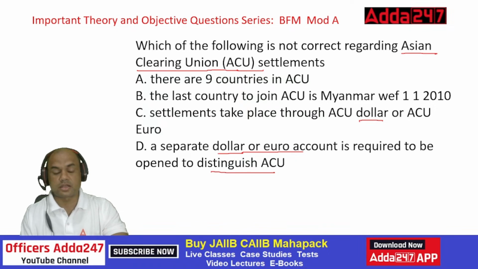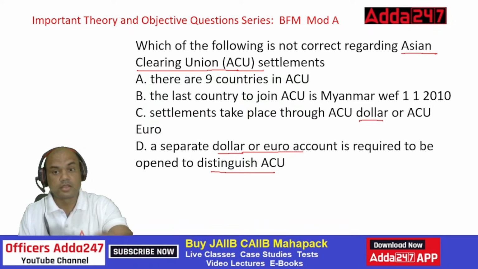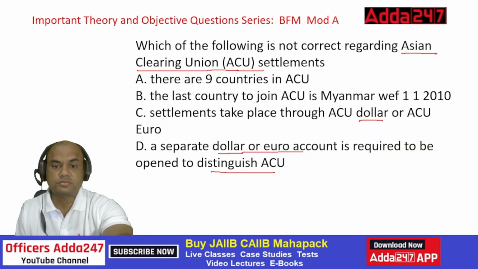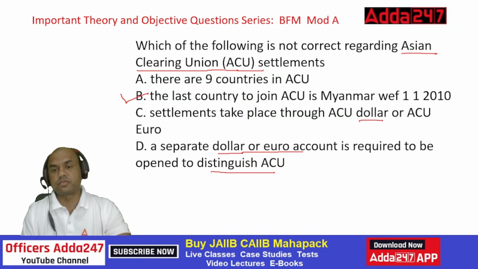We want a not correct answer now. What do you think should be the answer over here? Not correct. This is the answer, B. The last country to join the ACU was Myanmar with effect from 2010.